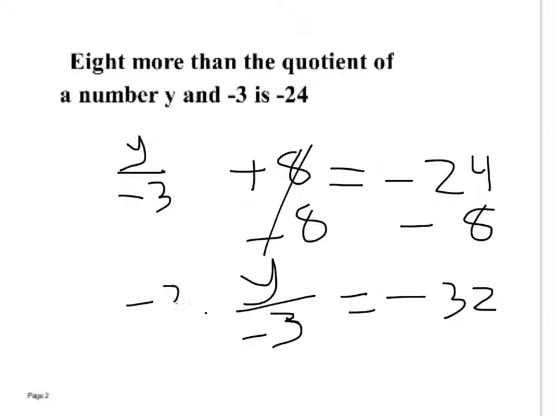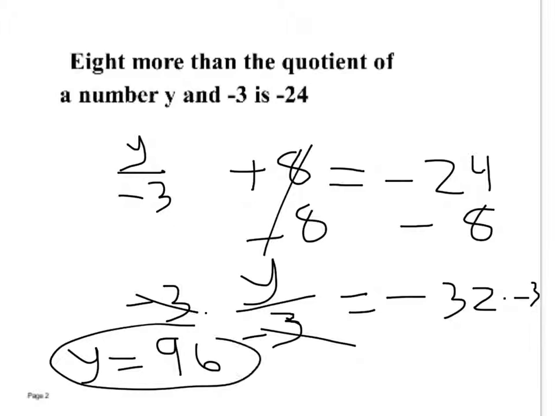Multiply both sides by negative 3 to get rid of it. y is equal to 96. If I put 96 in for y, I would divide it by negative 3 plus 8, and that would give me negative 24. That means y has to be 96.